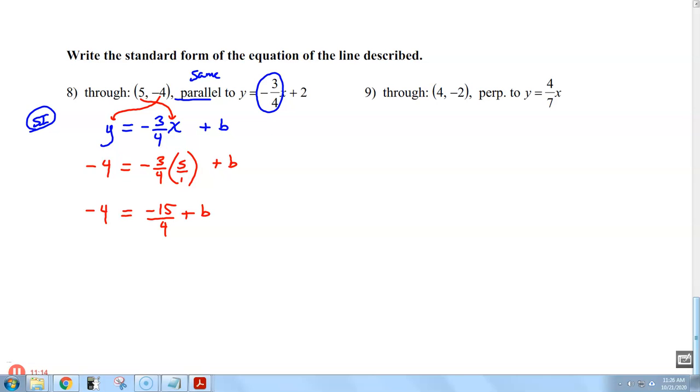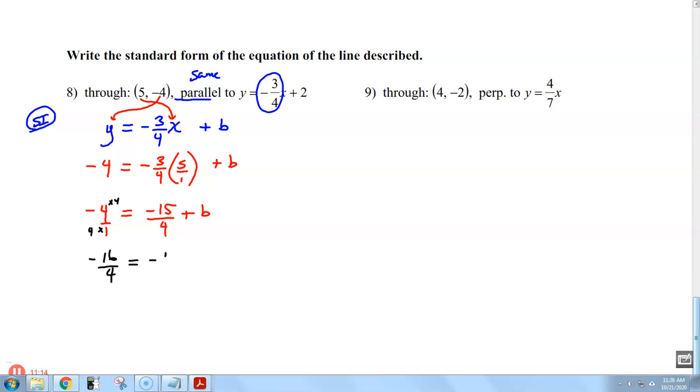And really, I can't add the 15/4 to the other side because this is, remember, this is 4/1. So to fix that, I need to have a denominator of 4. So to get a denominator of 4, I'm just going to times both these numbers by 4. And -4 is really -16/4.